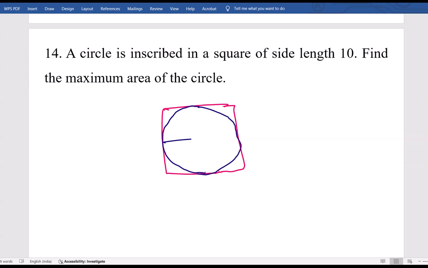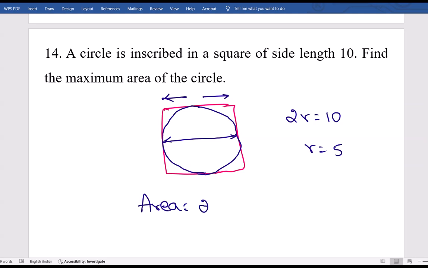Now, this is the diameter, it's nothing but the side of the square. So both are equal. So we know 2r equals 10, r equals 5. We are asking about area, it will be 25 pi. Pi r square, it is 25 pi, or converting, taking pi as 3.14. It depends on options. If they give 25 pi, okay, or else if it is in decimal, as the people mentioned, it should be close to 78 something.